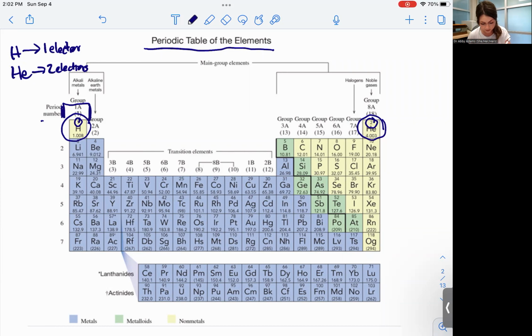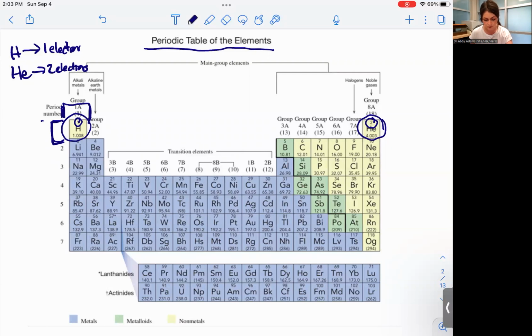And if you have atoms that appear in this first period, this is going to tell you information about the number of electrons in the highest energy level for that particular element.